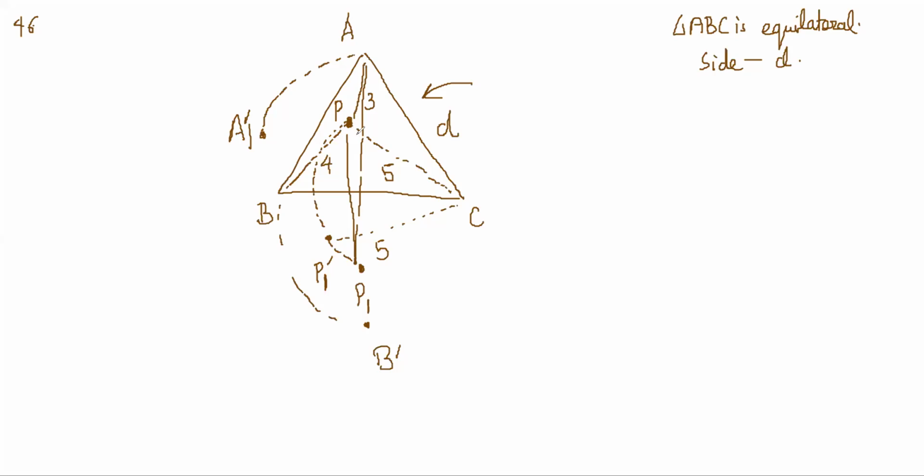The only things unknown are P and P1. If you know the points, you will be able to find the area.